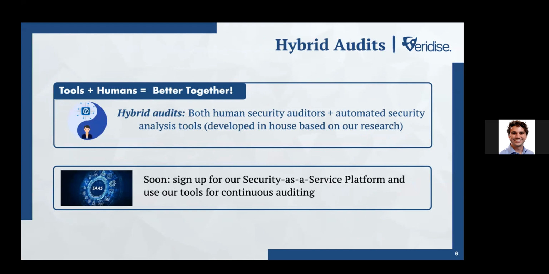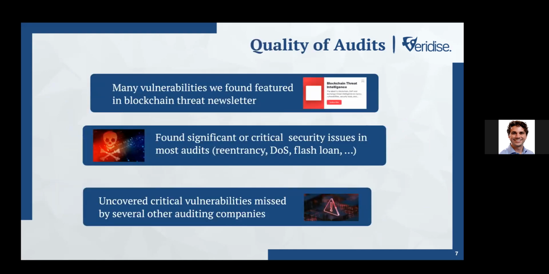But for now, we use the security tools we've developed to help us on our audits. We think this approach has been really successful. We've been featured in several newsletters, found lots of significant issues, and even sometimes uncovered issues missed by other companies. So that's a quick 2.5-minute intro into Veradice.